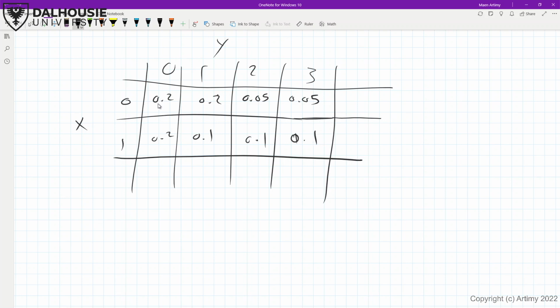So 0.2 and 0.2 is 0.4, and these two are 0.1, so the total here is 0.5. And if I add up all of these, this will be another 0.5.